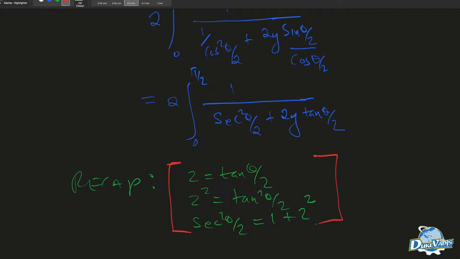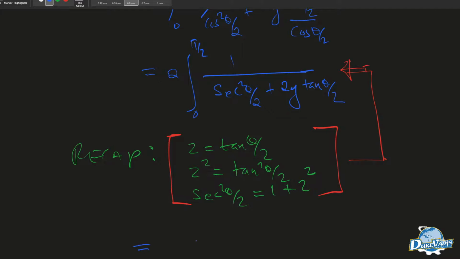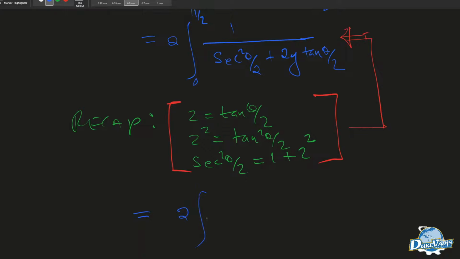Okay, so now if you look at it, when we substitute this into our integration, this and that, our expression now will change. So the integration now will become 2 integral 1 to 0, because we have substituted the values earlier.